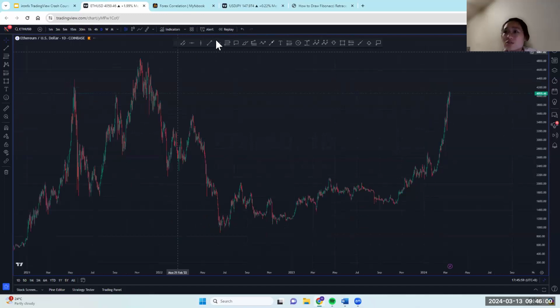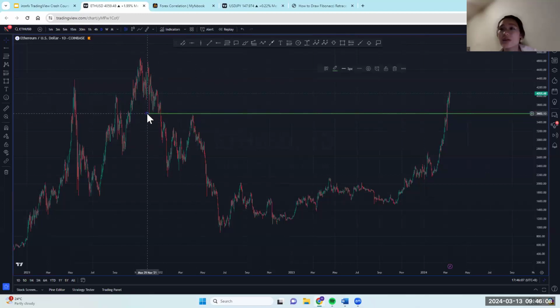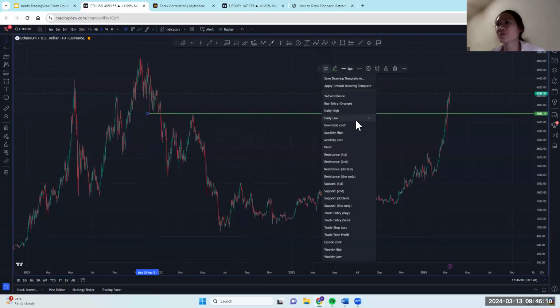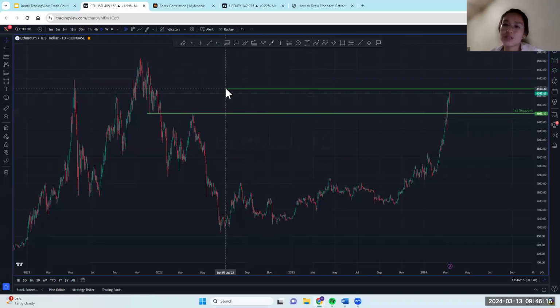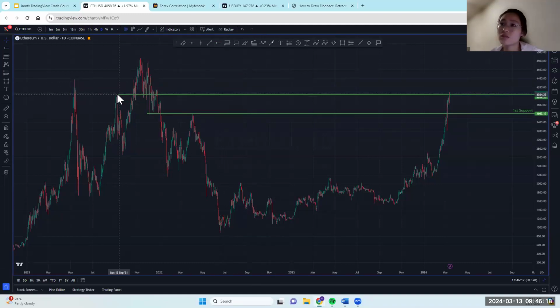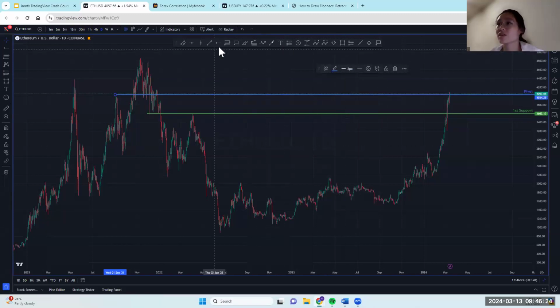Okay, so let's just go ahead and add our support and resistance levels again. Over here, we have an overlap support. And my first, I'm just going to place this here. This is an intermediate level or my pivot.